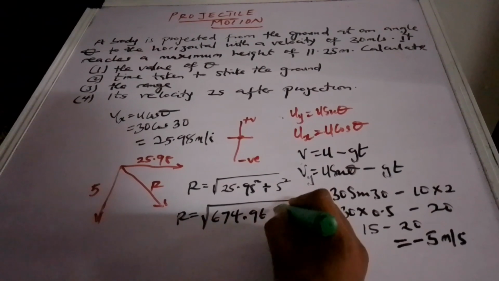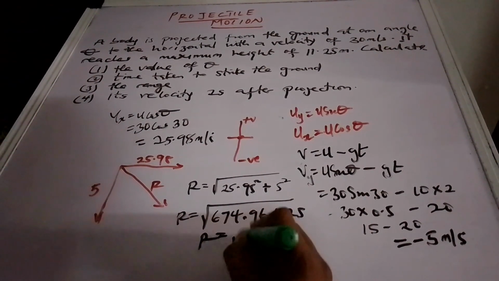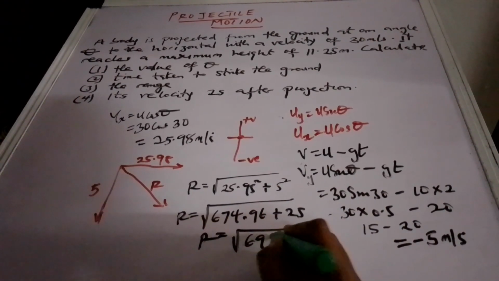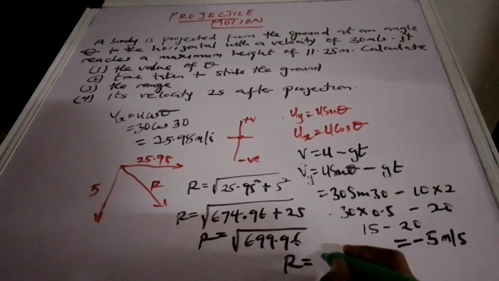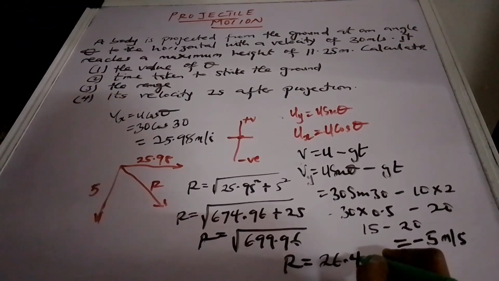25.98 square is 674.96, then plus 25. So our R is going to be the square root of 699.96. Then the resultant is going to be 26.46 meter per second.